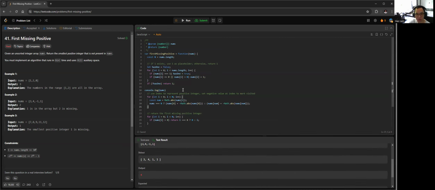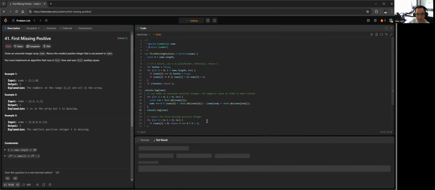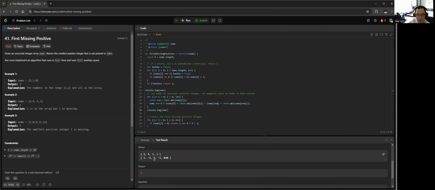And what is our nums array after step 3? We have negative 4, which is 1. 1 is visited. And then, wait, somehow we have an extra element here. We shouldn't have an extra element.